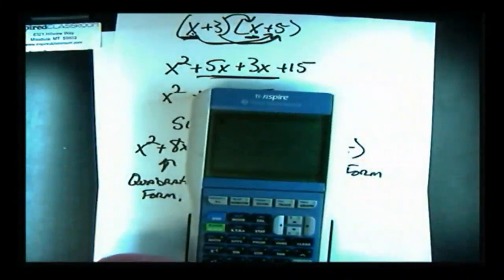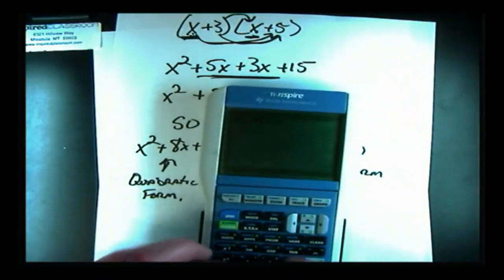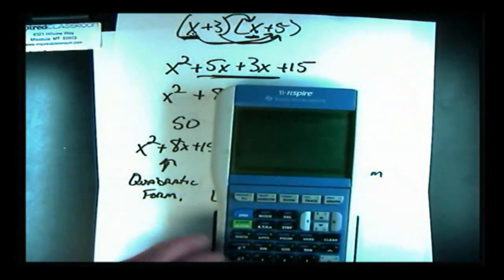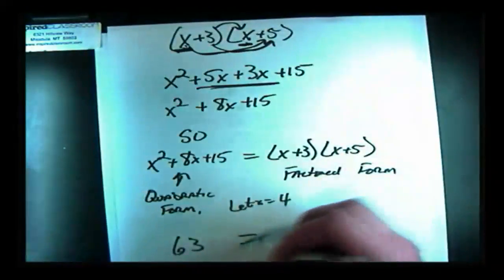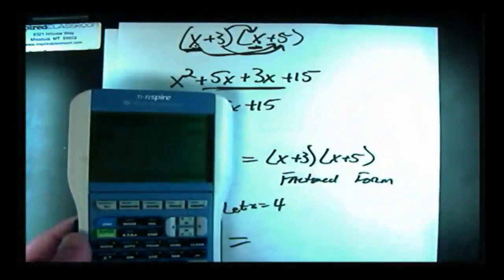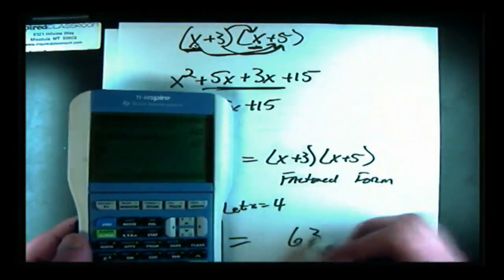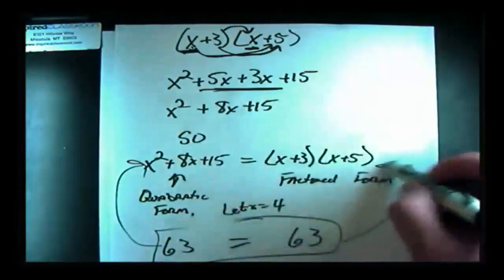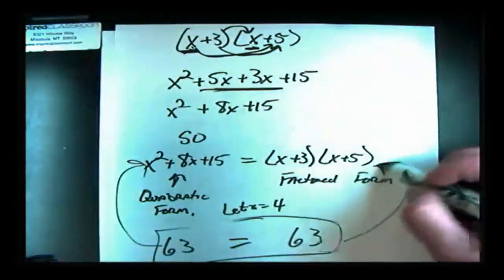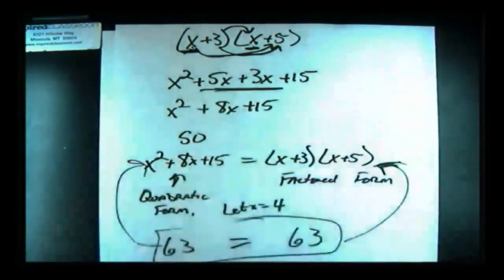We get 4 squared plus 8 times 4 plus 15, and that equals 63. And 4 plus 3 times 4 plus 5, and that also equals 63. So these two things are equivalent to each other. They're the same. Different form of the same thing.